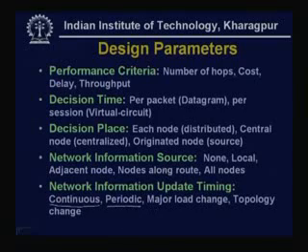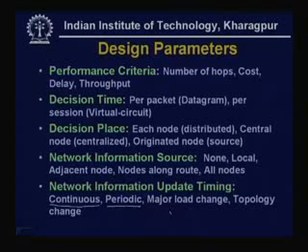Or it can be that whenever some major load change is taking place, only then it makes a change in the routing algorithm. So, whenever there is a major load change or topology change, there is a change in the network topology, then only the network updates information and changes the routes accordingly. So, you see that these are the various design parameters which should be used in developing routing algorithms.